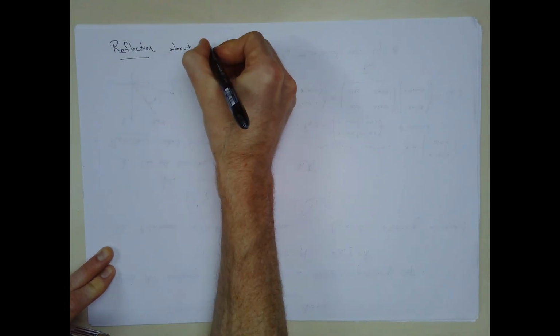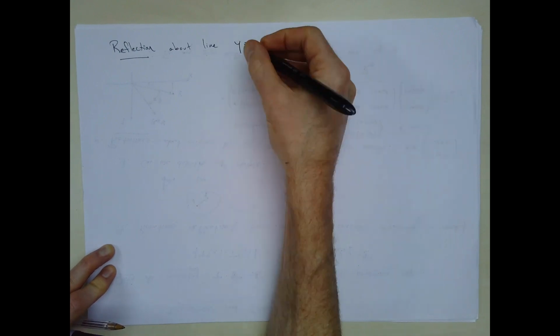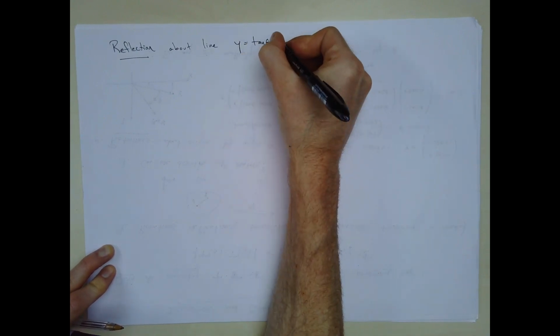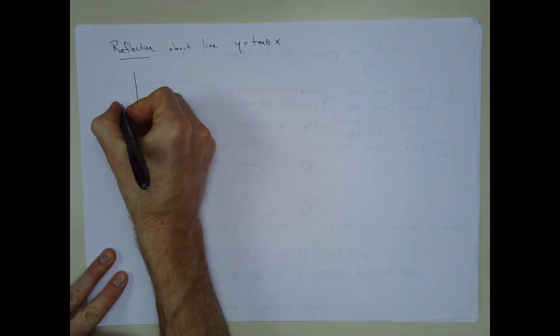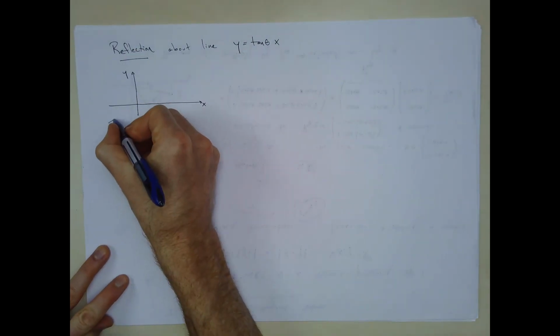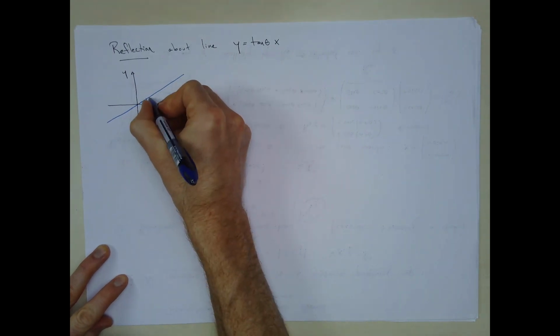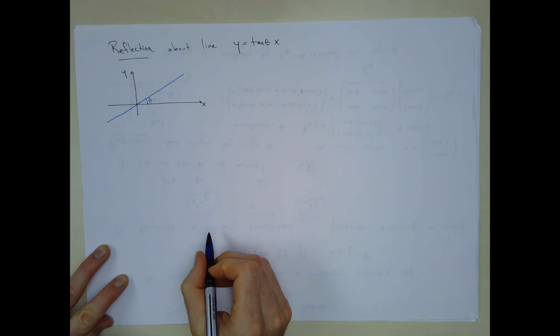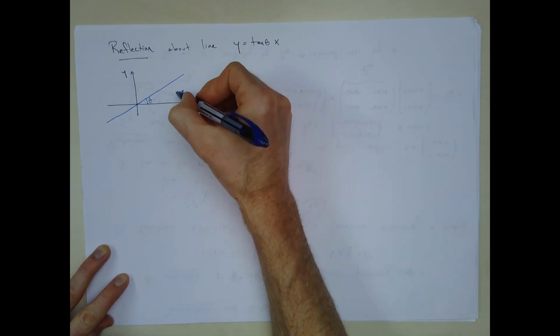Okay. Next one we'll think about is reflection about a line, and we'll give the line the form y equals tangent theta x. So I'm thinking about the map. Here's an angle theta. I'm thinking about the map that takes any point and reflects it across that line.